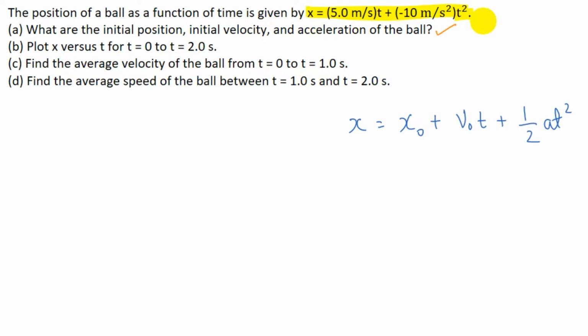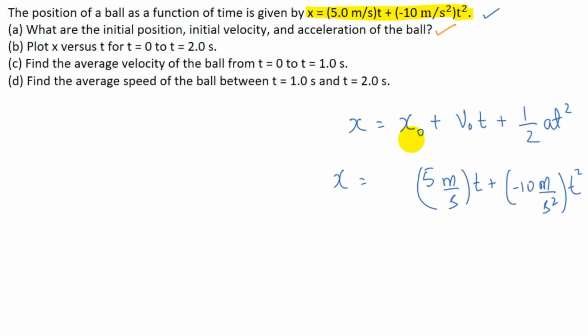If you compare this with the given equation, let me write it here: x equals 5 meter per second times t plus minus 10 meter per second squared times t square. Comparing these two equations, x naught is 0.